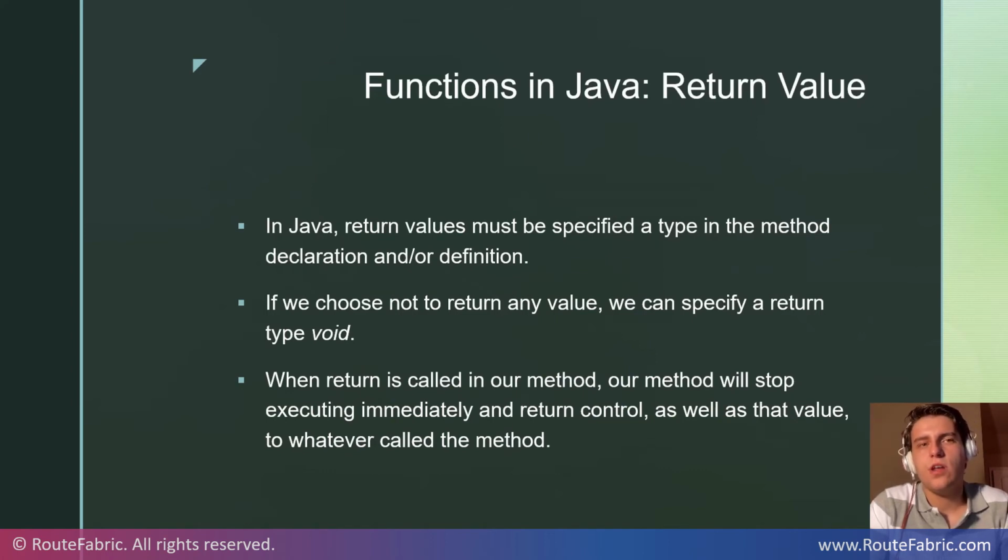It's important to note that whenever we write return within our method, the method will stop executing immediately as soon as it sees that return statement, and it'll return control as well as the value we're returning to whatever called that method. So that's important to note. Your method isn't always going to go all the way to the end.